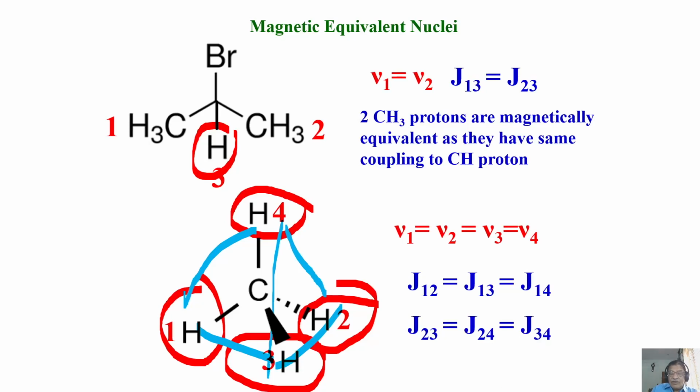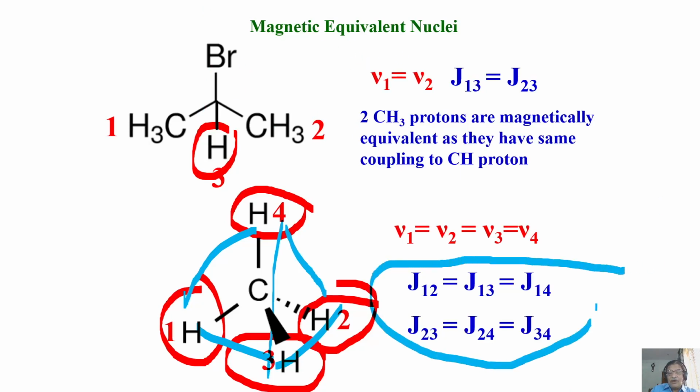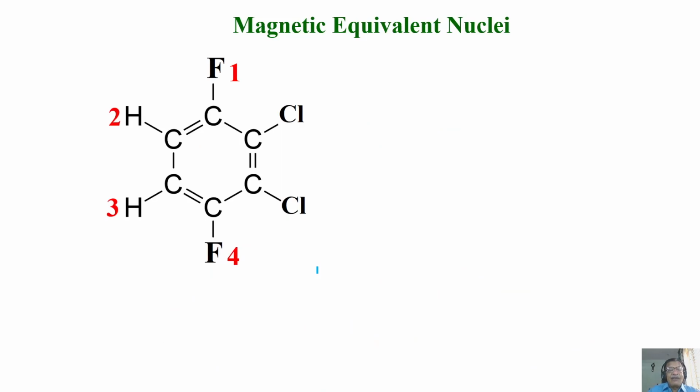J12 is equal to J13 is equal to J14 is equal to J23 is equal to J24 is equal to J34. All 6 couplings are equivalent. What does it mean? For any proton, coupling to the remaining 3 protons is the same. Any proton you take, for 1: 1,4, 1,2, 1,3 is the same. For 4: 4,1, 4,3, 4,2 is the same. Like that, all couplings are the same and all chemical shifts are the same. So methane is an example of a perfectly magnetically equivalent system. All 4 protons here are magnetically equivalent.